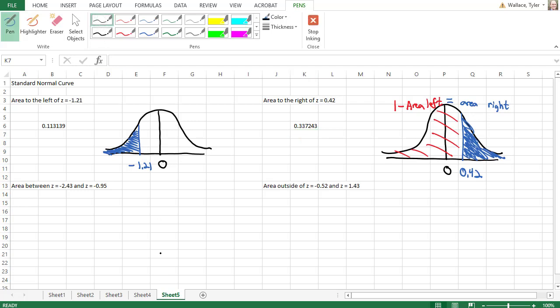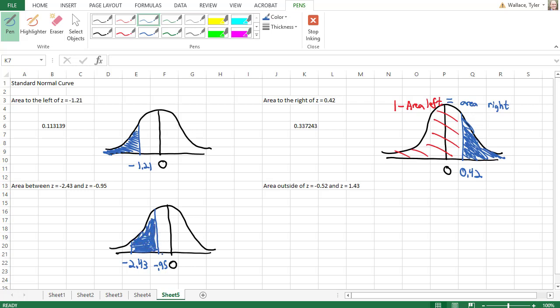We can use a similar logic to find the area between two regions. Let's say we want to be between negative 2.43 and negative 0.95. So negative 2.43 is off here to the left, and negative 0.95 is a little bit to the left. And we want the area between them.